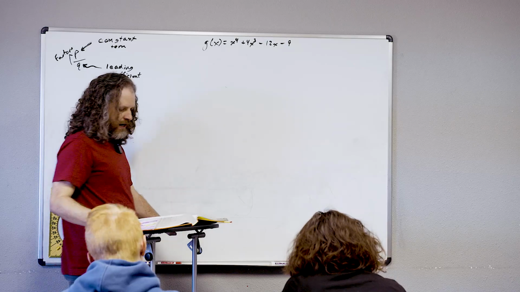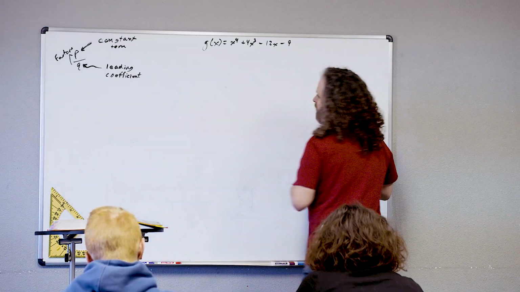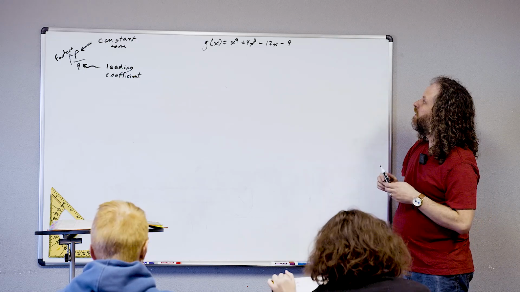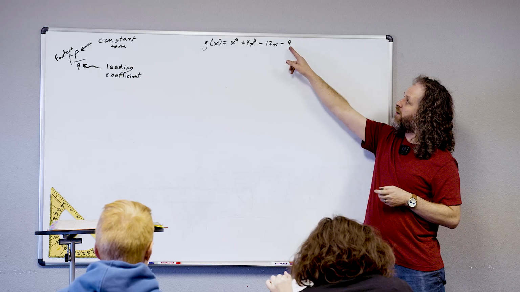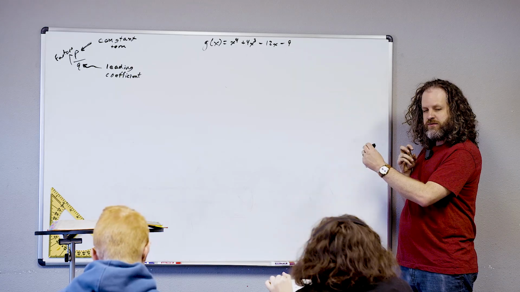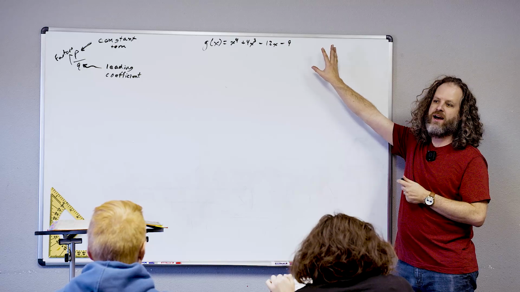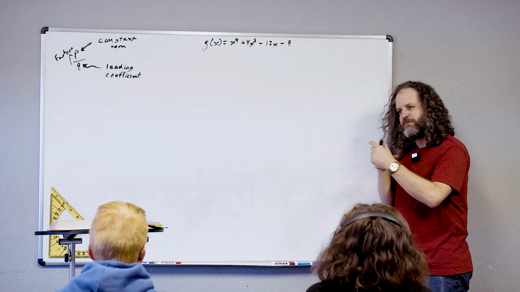Factors of 9: we're finding all the factors of 9. Now, you can multiply either positive 3 or negative 3 and get a 9, because negative 3 times negative 3 is a positive 9.